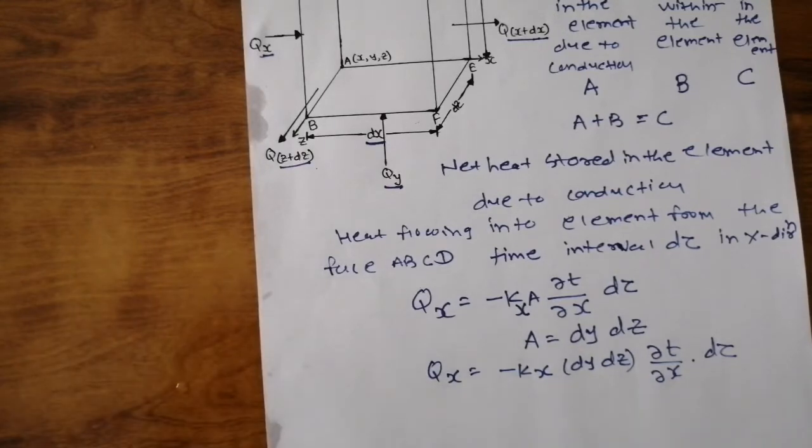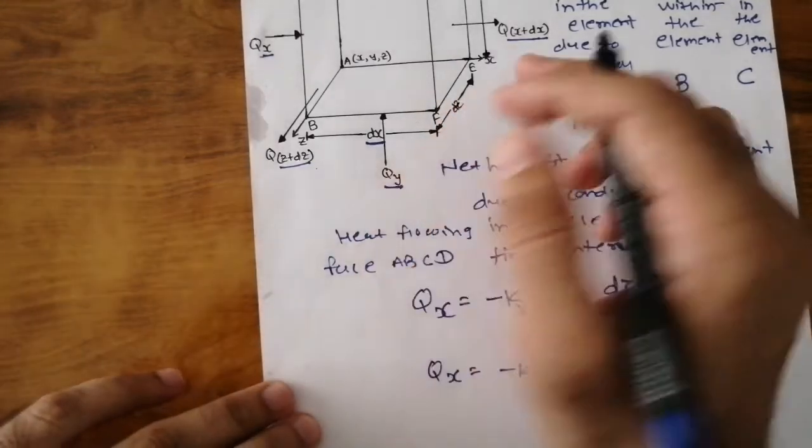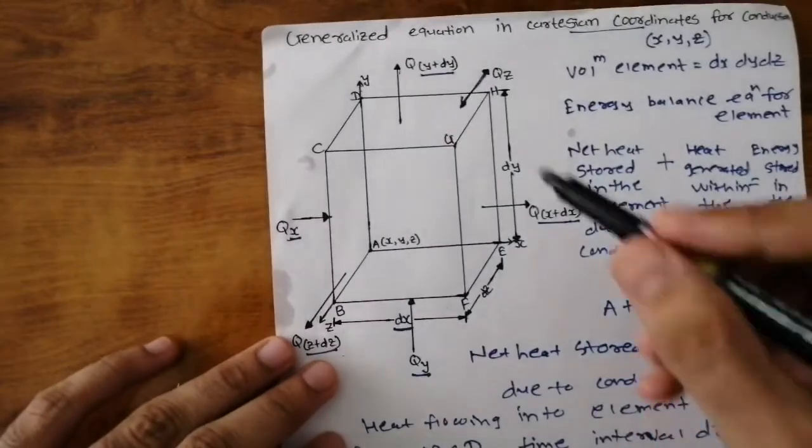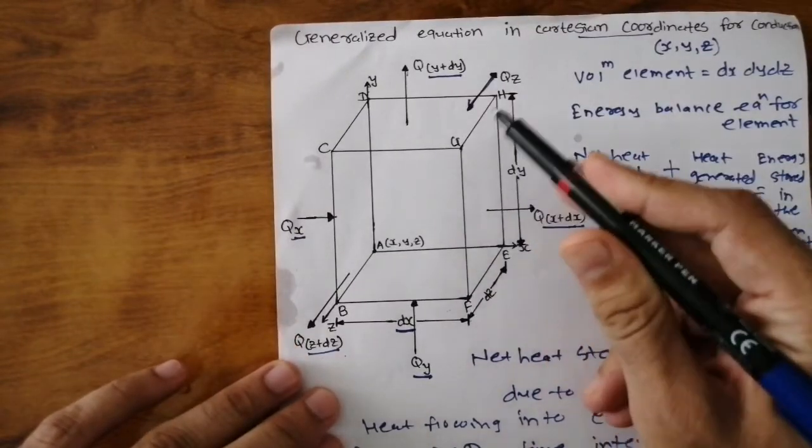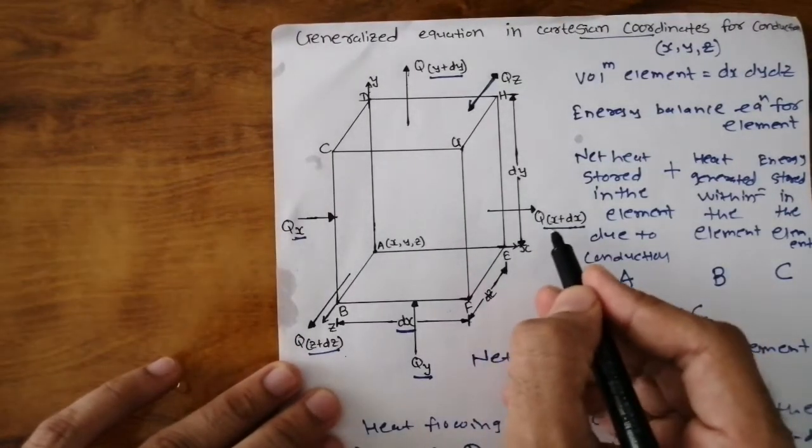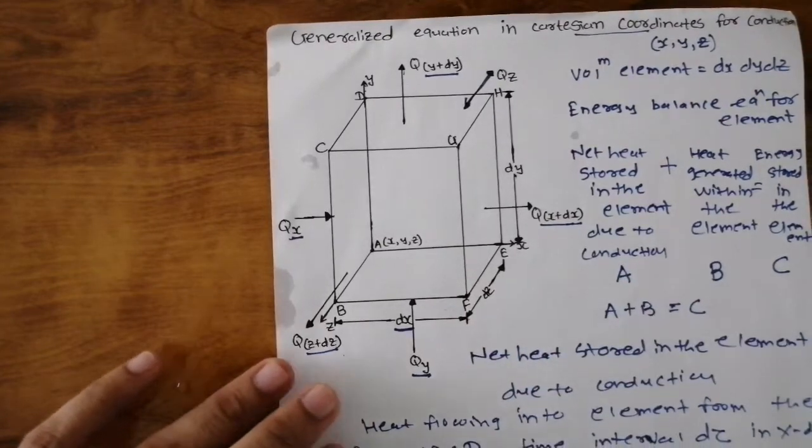Now similarly, energy out from the x direction will be considered. The same time interval d tau will be considered. At that time our face is E, F, G, H. At that time energy out will be considered as q x plus dx.